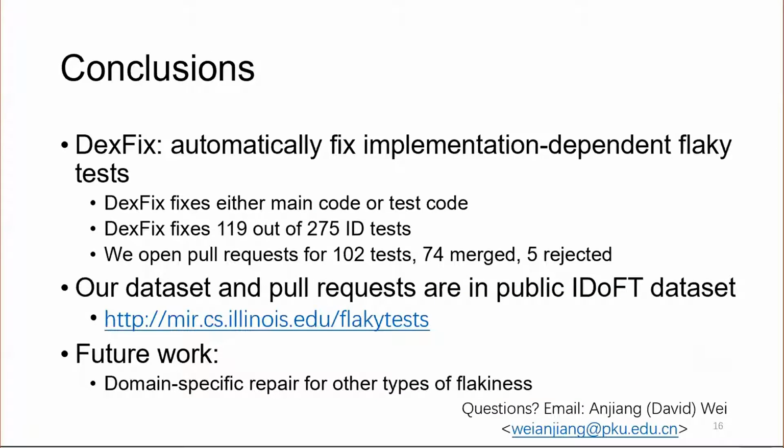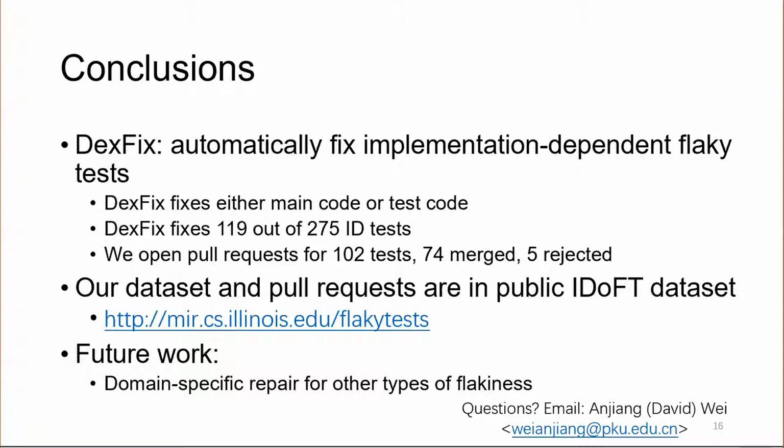In conclusion, we present the DexFix approach for automatically fixing implementation-dependent tests that fail due to wrong assumptions on underdetermined specifications. DexFix extends the work on repair with novel, domain-specific automated repair strategies that can propose fixes for either the main code or the test code or both as necessary.